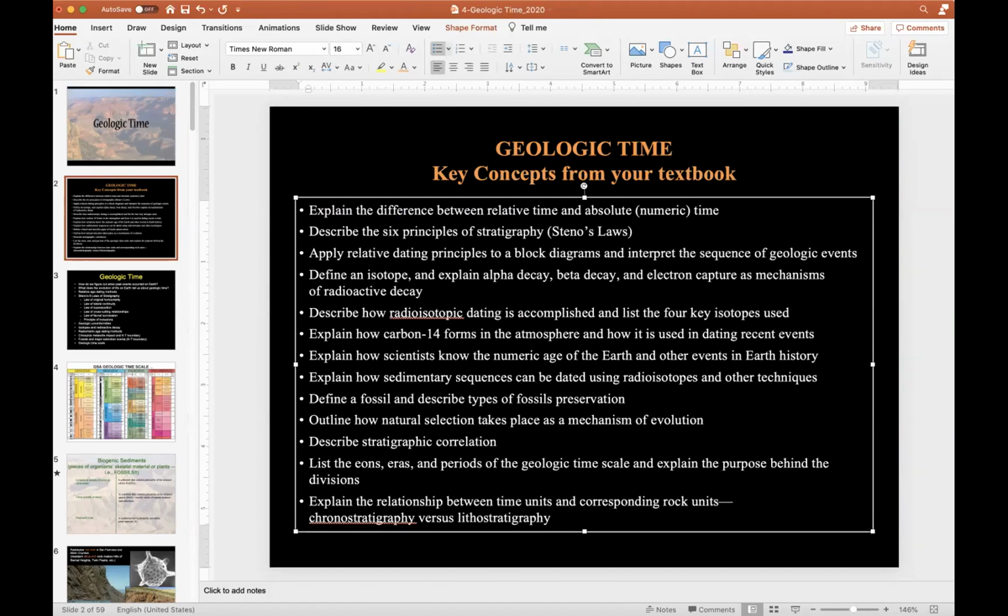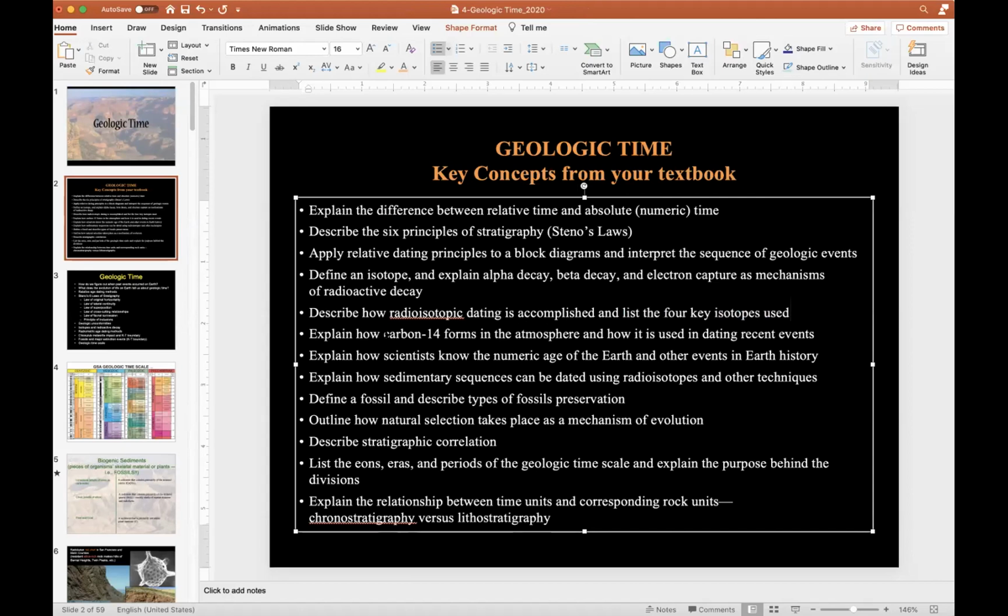I couldn't find out if Steno came up with the sixth one, which is the cross-cutting relationships, so I decided to just give him a sixth. But I'm not going to have you list the 4 key isotope systems that are used in dating. If you learn a couple, that'll be great.